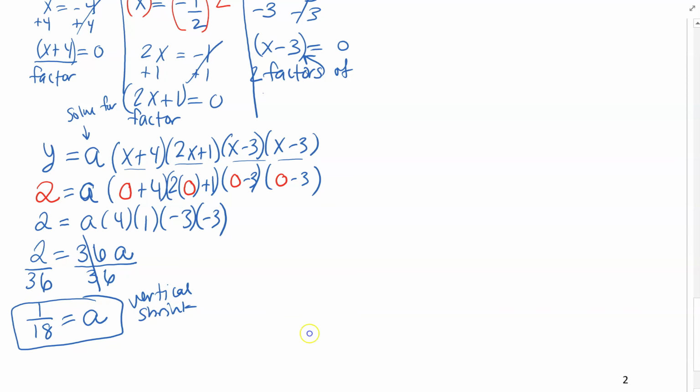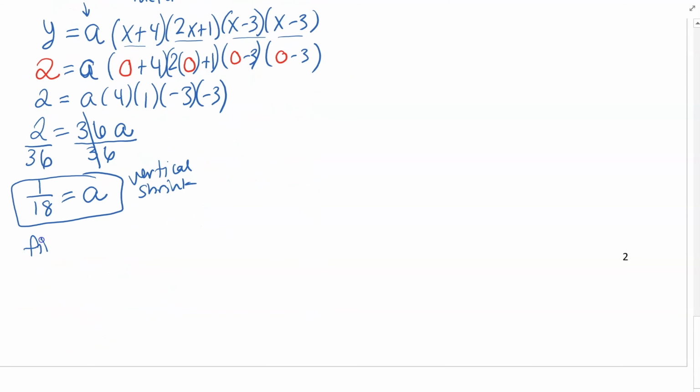Okay, so then my final answer right here is, and I'll just leave it in intercept form, but instead of assuming a is 1, because a was not 1, clearly, I'm going to solve for a using the y-intercept and use that value as my leading coefficient.